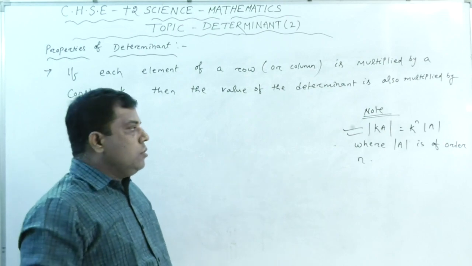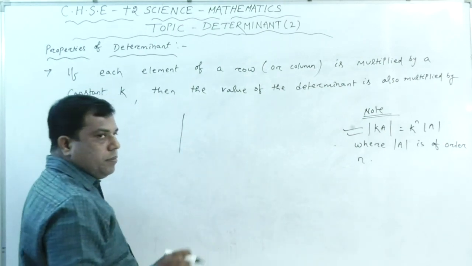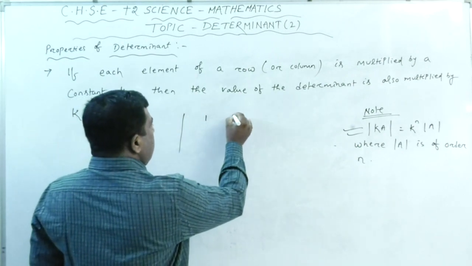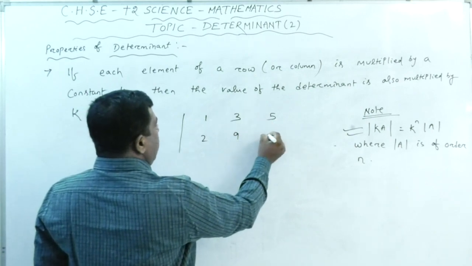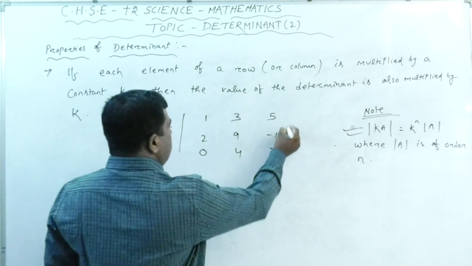Suppose one determinant is there. Let us take a third order determinant for convenience: 1, 3, 5, 2, 9, minus 1, 0, 4, and suppose 7.